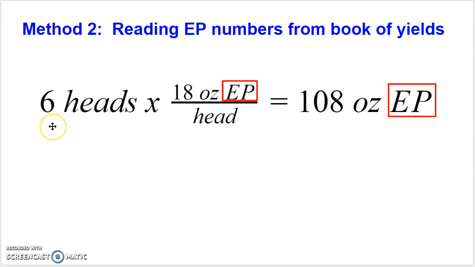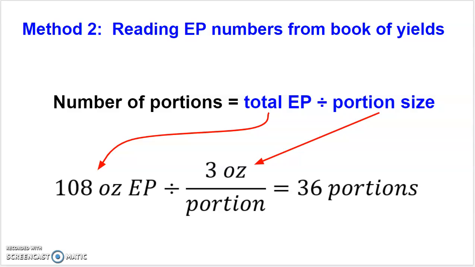So then we can just go straight to, we have 6 heads, we get 18 ounces EP per head. So we wind up with 108 ounces EP. Notice the labeling of EP there. And then we go back to our formula. Number of portions is total EP divided by portion size. Same as before, 108 ounces EP divided by 3 ounces per portion gives us 36 portions.